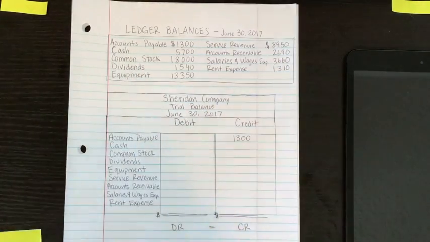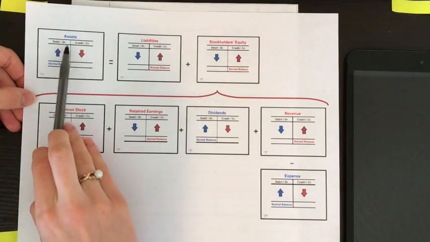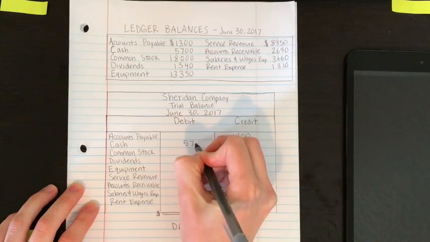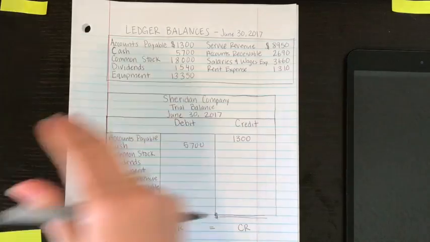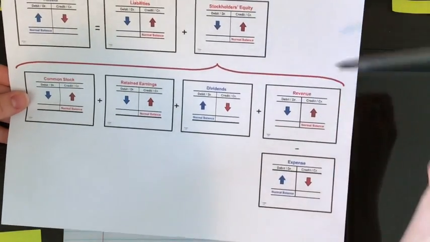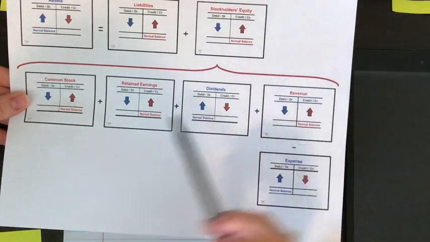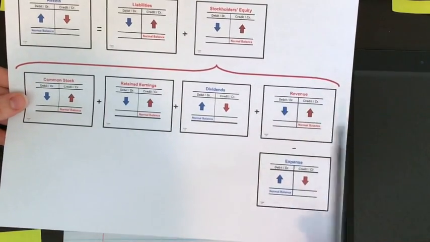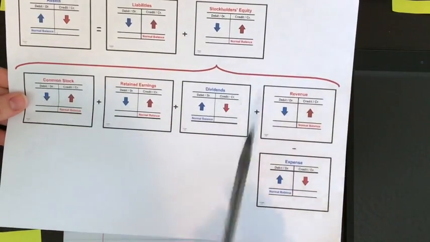Okay, so cash. We can look back at the same document. Cash is an asset, and the normal balance is on the debit side, so we write our cash amount in the debit column. I used this sheet to help me with the homework, but it's good to start memorizing which side the normal balance falls on for each of the accounts.